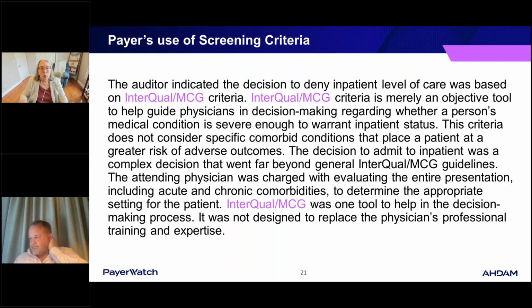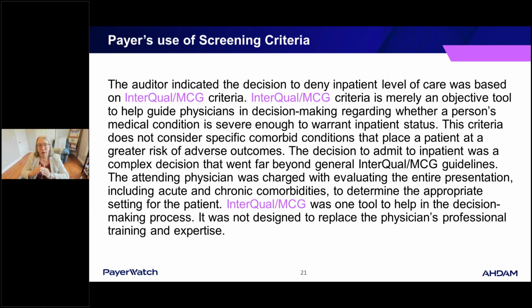They denied it, but according to standards of care, according to how sick the patient was, according to your physician who treated the patient, according to the physician advisor who looked at the case, everything points to the patient should have been admitted as an inpatient. So here's a little argument you can use to push back on the payer's use of very strictly following InterQual or MCG.